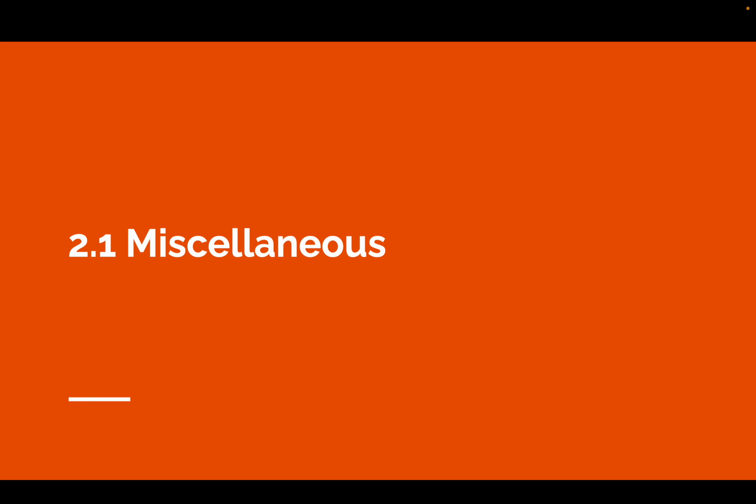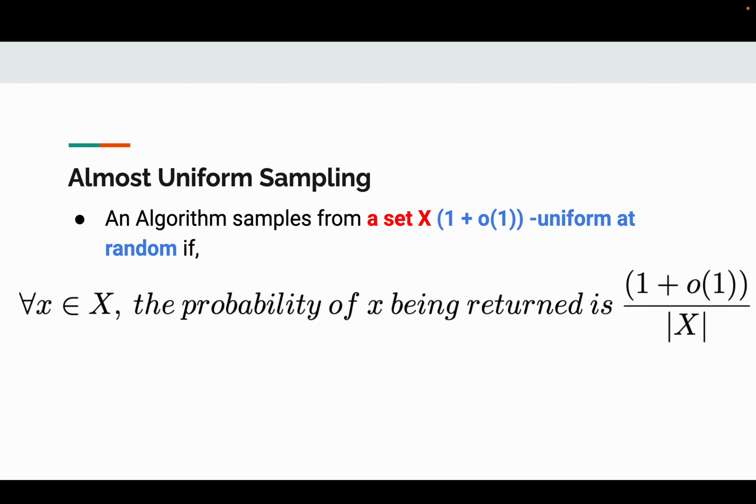And lastly we are talking about some miscellaneous items. Our computation model: one of our steps, it's not standard, but in the context of our algorithm, introduces the concept of almost uniform sampling.